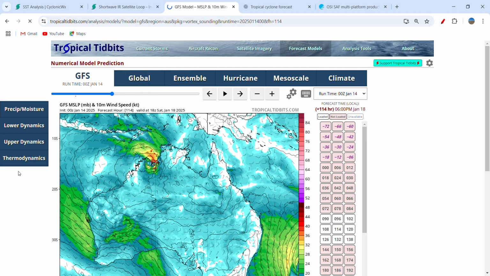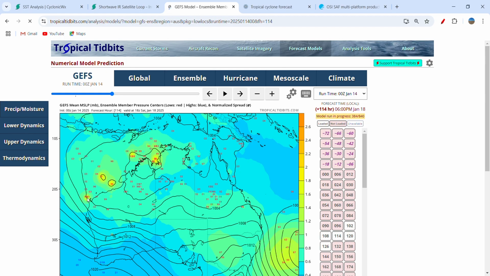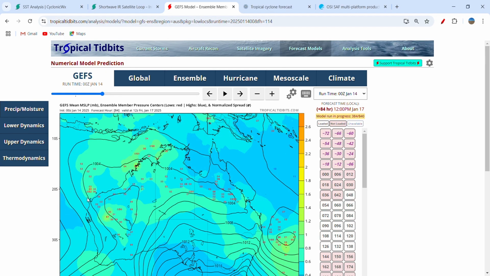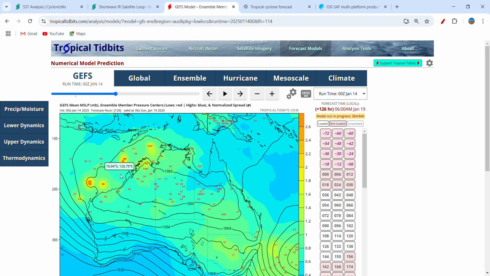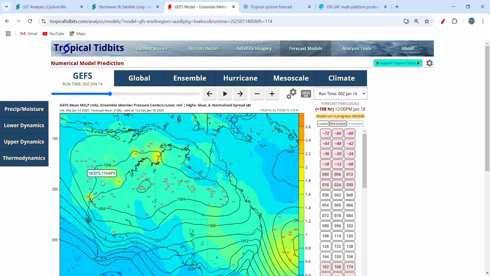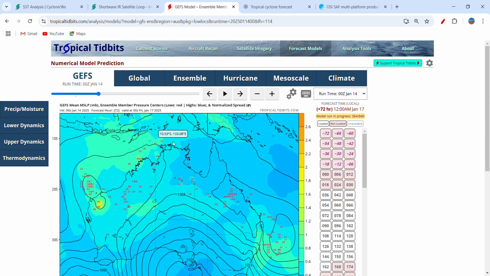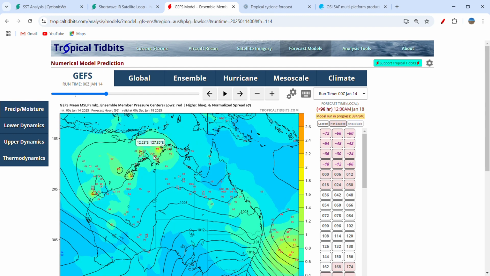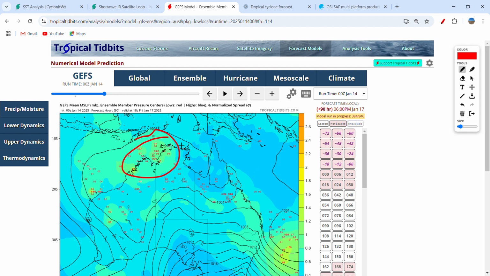I've completely lost myself in this regard, trying to find the GFS. Yeah, as we can see, very split. We see the majority of the members have 10U as its own low. Some keep it as its own low. But there are varying members as well that do develop it around this area, closer to Kimberley.